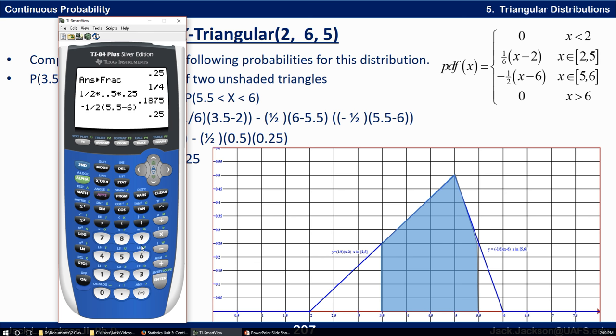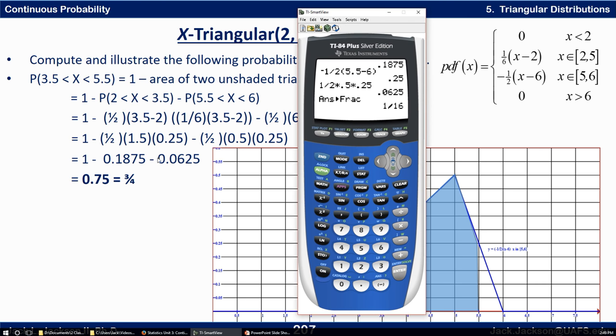All right, so now let's work this out. 1/2 times a base of 0.5 times a height of 0.25 turns out to be 0.0625. If you like fractions better, that's 1/16. And we plug it in there. So that's the area of this unshaded one here.